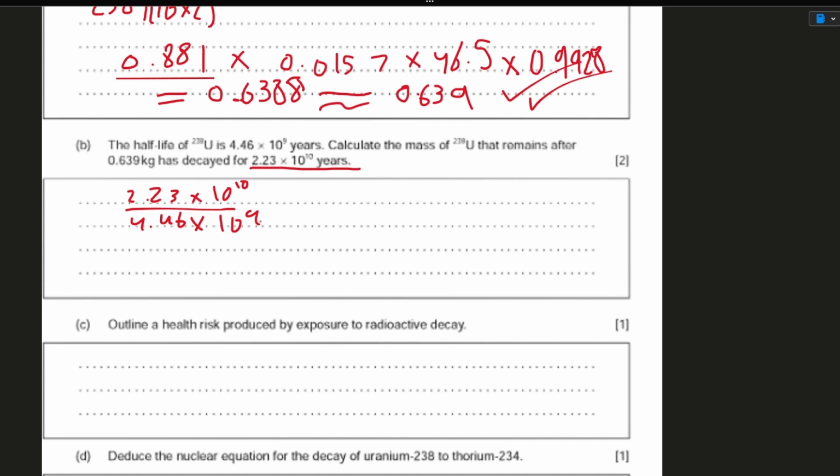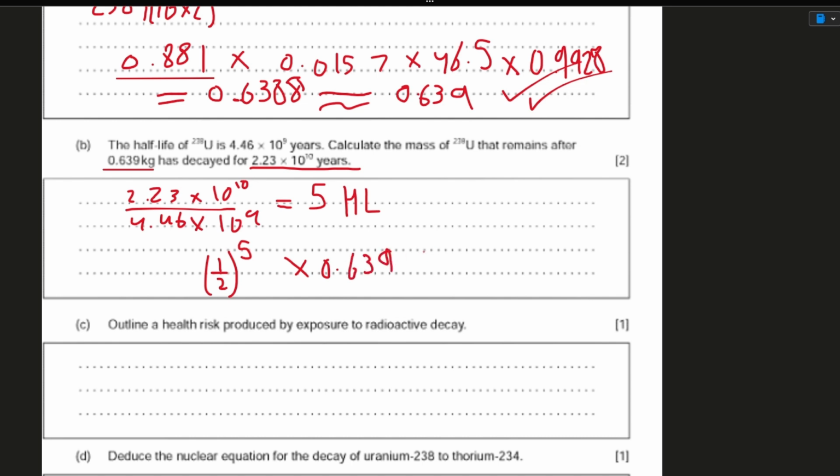If you put that in a calculator, 2.23 times 10 to the power of 10 should come out to 5 half-lives. I'm just going to write HL. All we have to do is take a half and raise it to the power of the half-lives, and multiply that by the mass of the uranium that remains after it's been decayed.